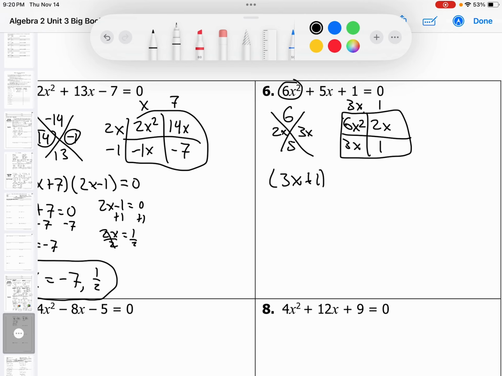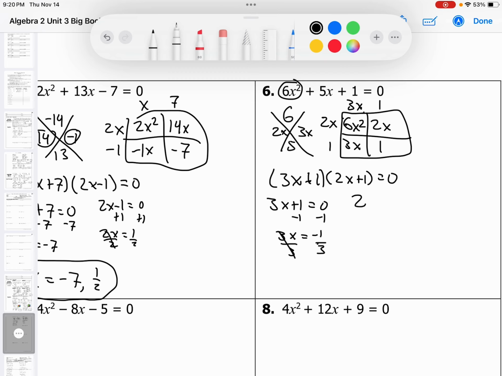On the other side, we have 6x squared and 2x, that would have 2x in common, and then 3x and 1 would have 1 in common. So 2x plus 1 will be my other factor. Set these factors equal to 0. 3x plus 1 equals 0 will give me that x is going to be equal to negative 1/3.